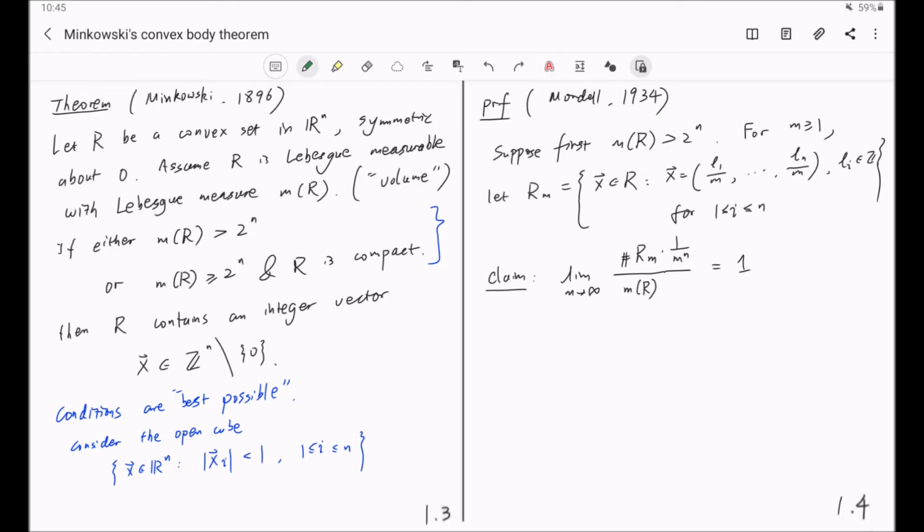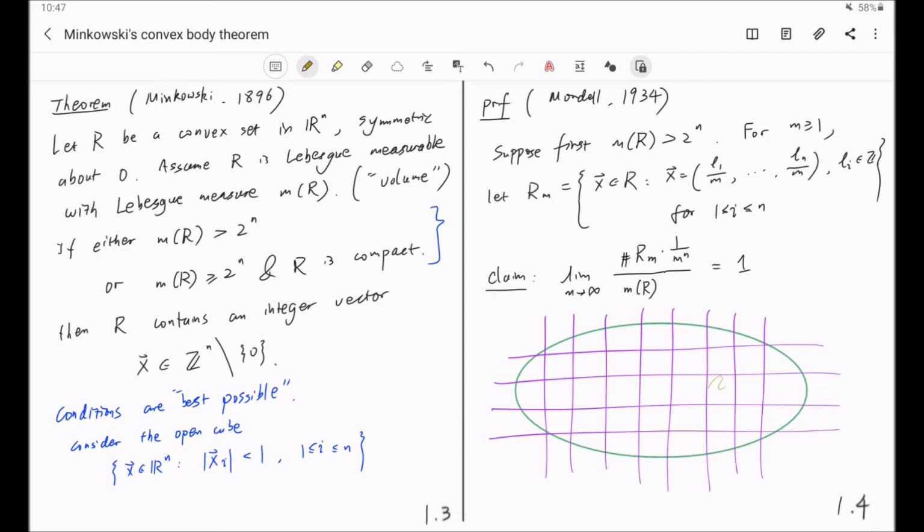So let's draw a picture. Suppose this is your convex and symmetric set. What we are doing here is that we are trying to divide this into small blocks. I talked about this idea in another video on the Gauss circle problem. So this picture stands for the case when our dimension is 2.